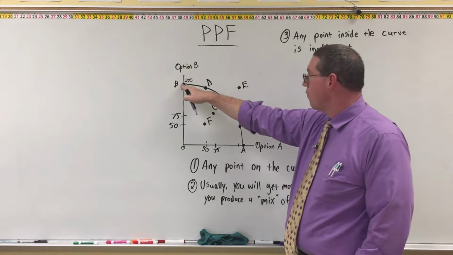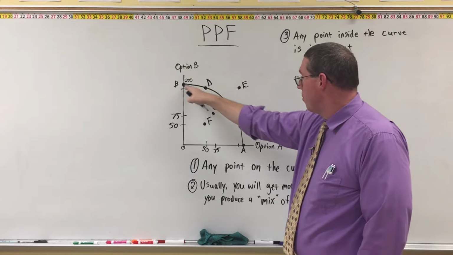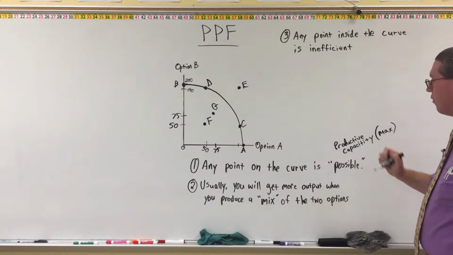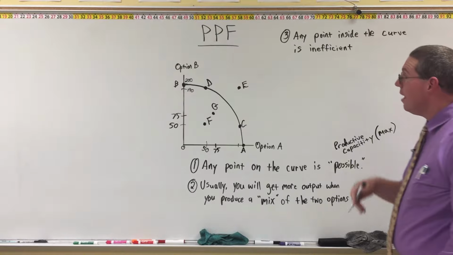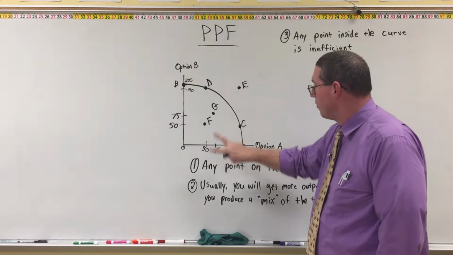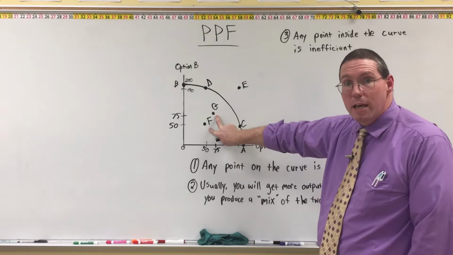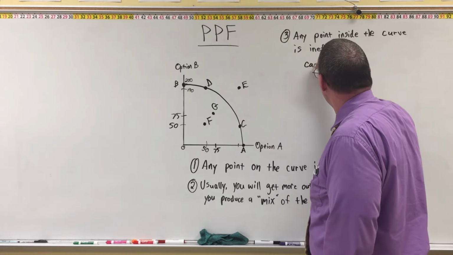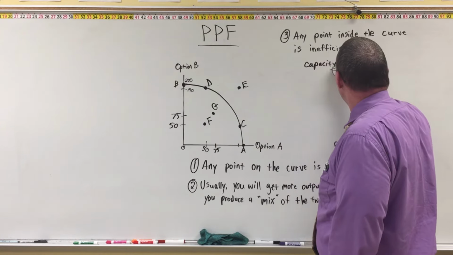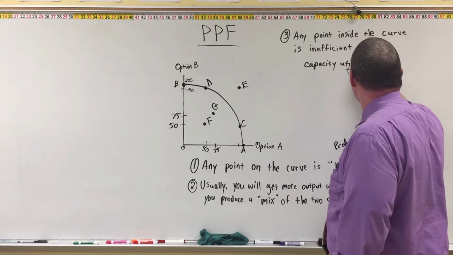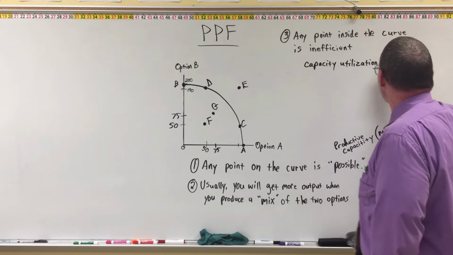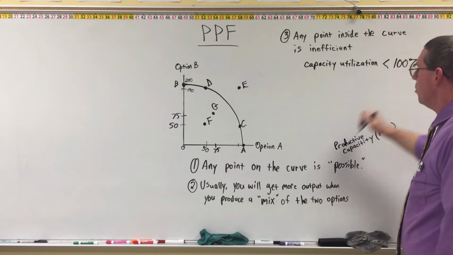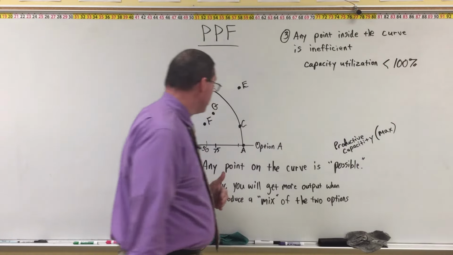And therefore, this curve, the production possibilities curve, the production possibilities frontier, represents productive capacity. Well, if we're producing less than productive capacity at point F or G, that means that our capacity utilization must be less than 100%, and that means we're being less efficient than we could be.